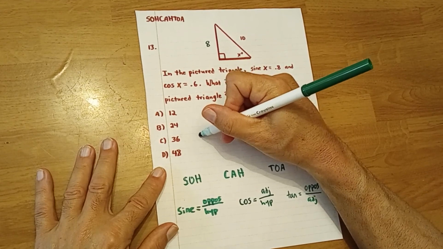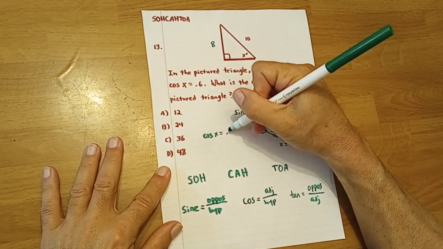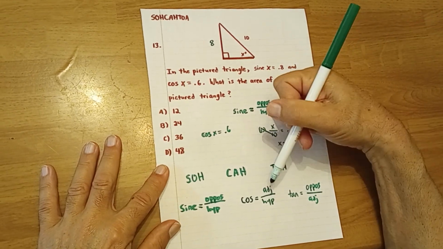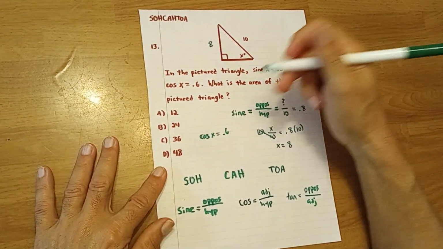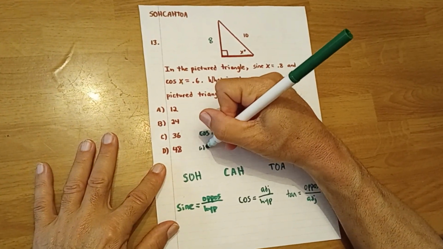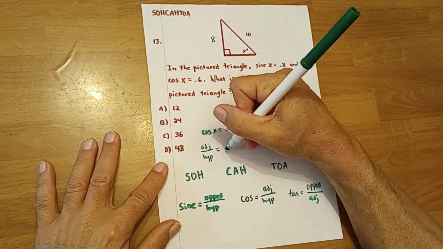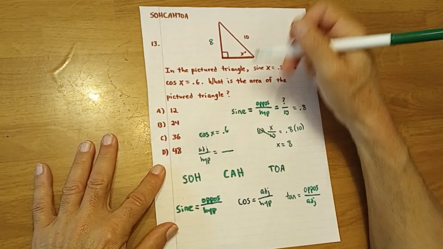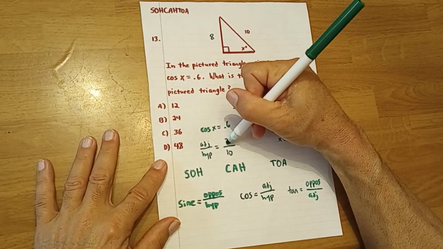Let's say that the cosine of x equals 0.6. And we've said here that the cosine equals the adjacent side over the hypotenuse, right? So here, adjacent over hypotenuse. We know the hypotenuse is 10. The adjacent side we don't know.